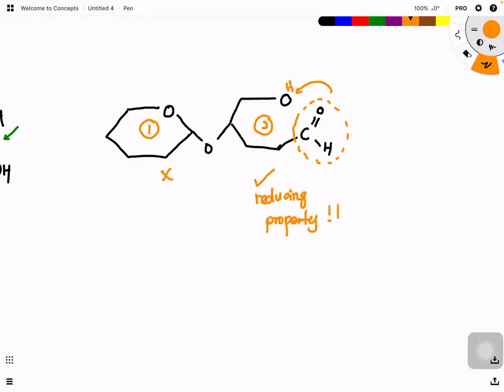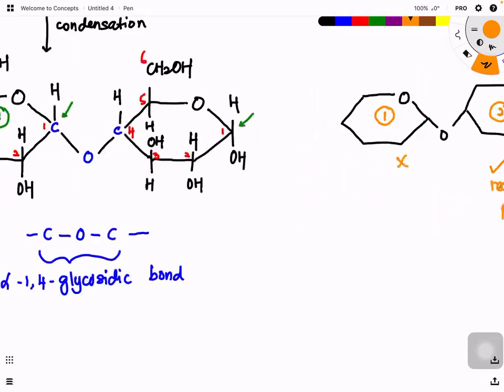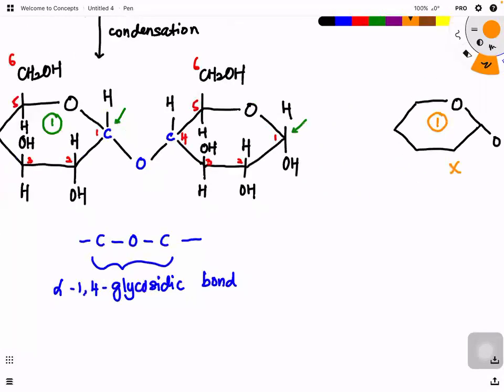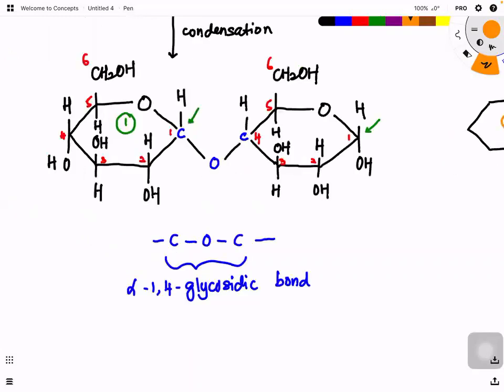So that's why maltose is a reducing sugar. Are you clear? From these diagrams, you can see why maltose is a reducing sugar, because this alpha glucose number 2 can be turned back to linear form. But for number 1, too bad, it continues as a ring form.